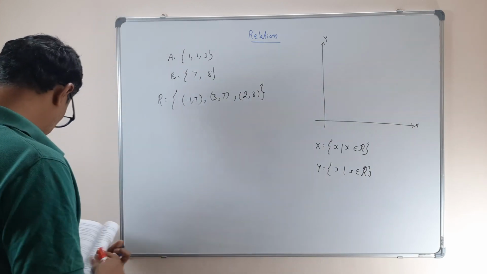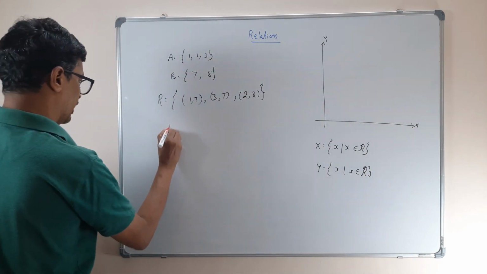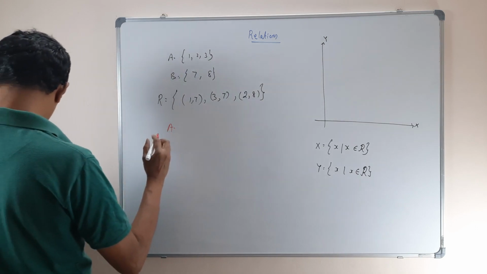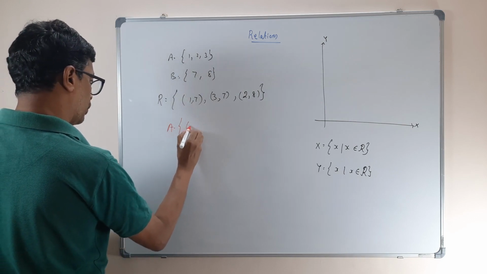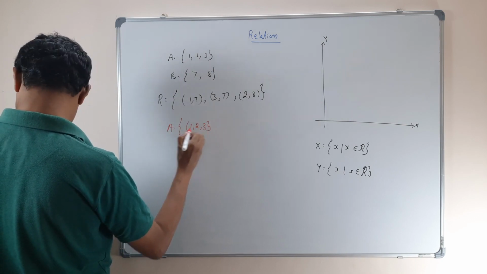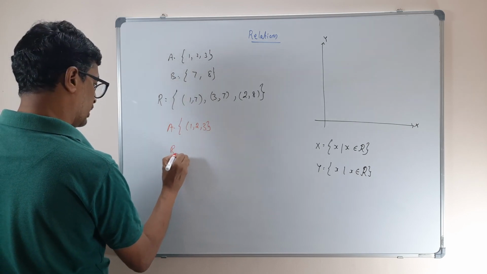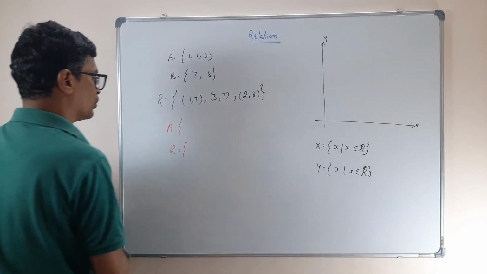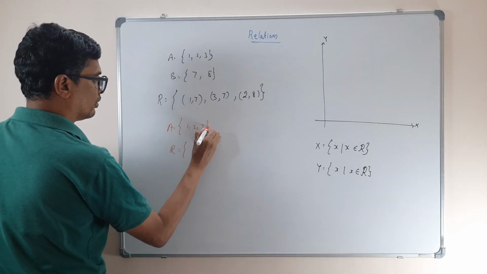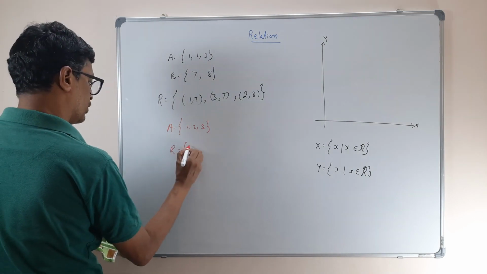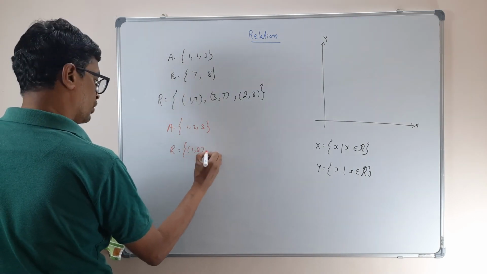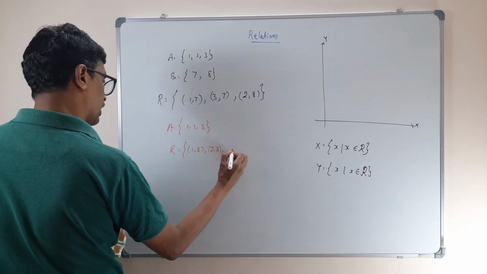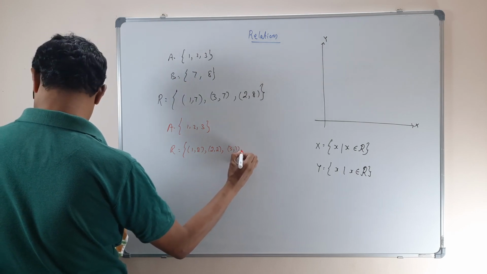One example they have is, they are given a set A = {1, 2, 3}, and a relation R = {(1, 2), (2, 2), (3, 1), (3, 2)}.